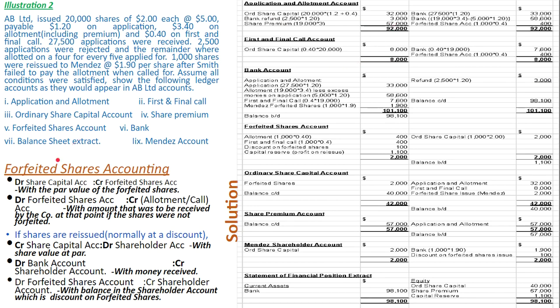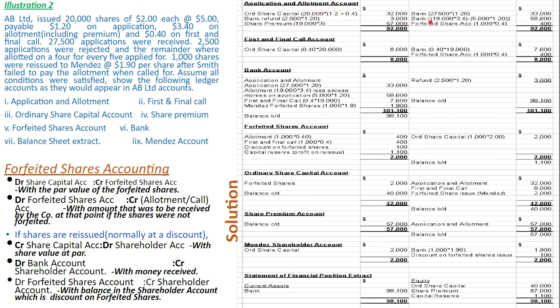Forfeited shares, we go to point number 2, which says debit forfeited shares account and credit allotment account with amount that was to be received by the company at that point if the shares were not forfeited. You go to the application and allotment account.